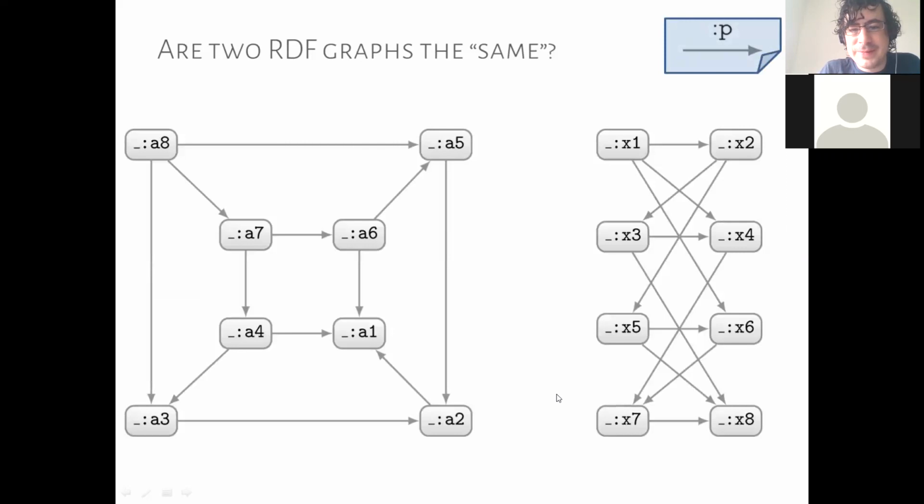What about this case? Just for brevity, because it gets a bit messy, I've omitted the predicate, but we can assume that the same predicate is used in all the graphs, for example, P. So what do we think? Do these two graphs look isomorphic?